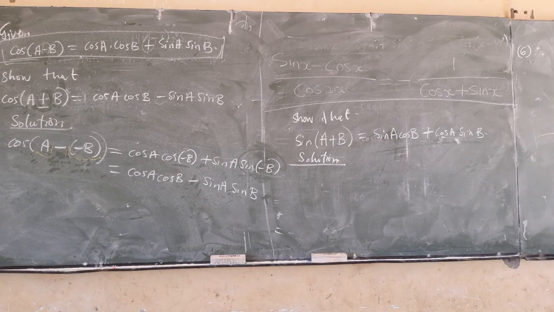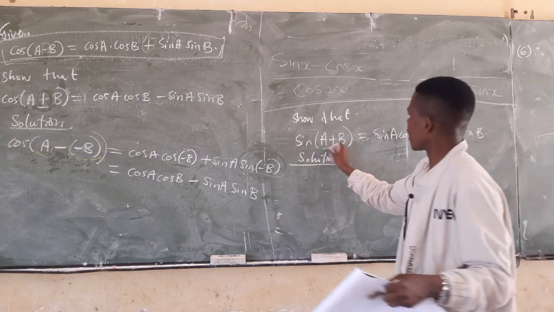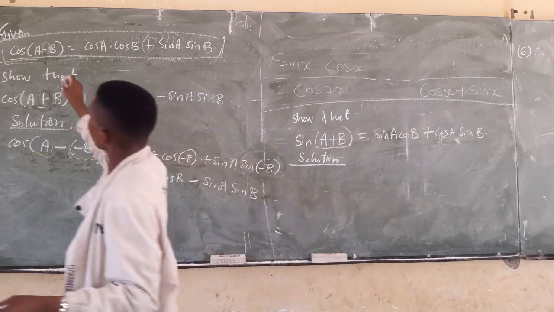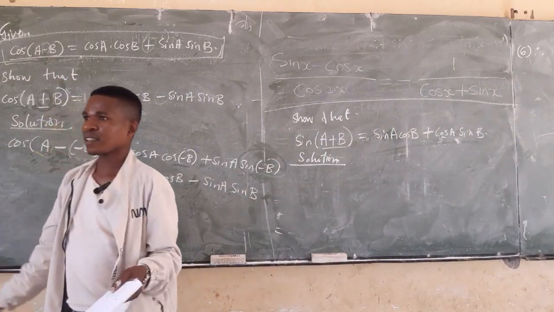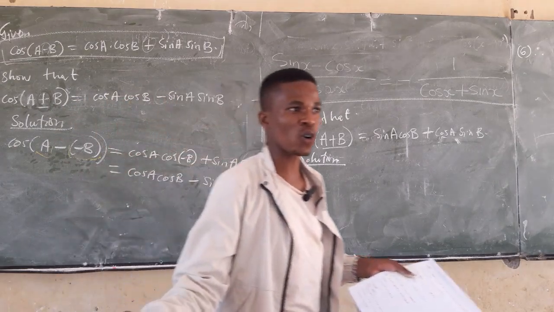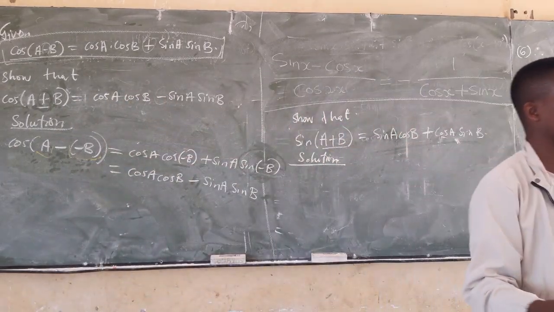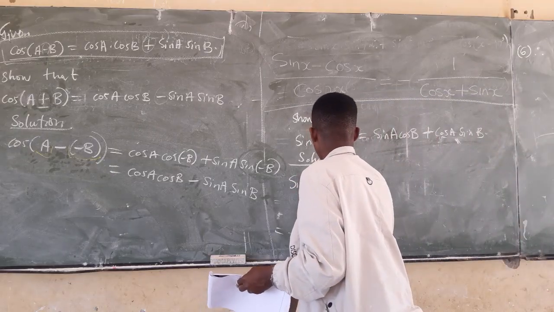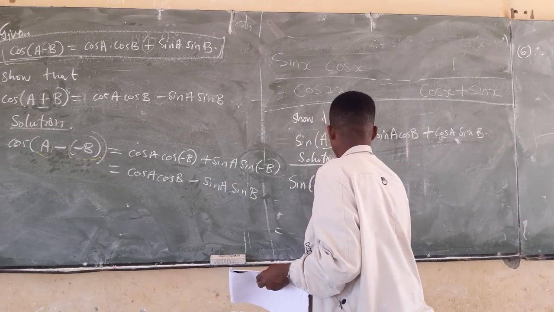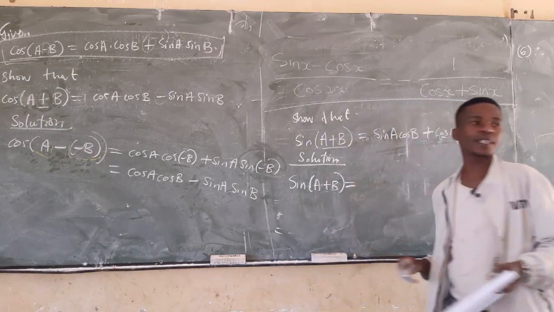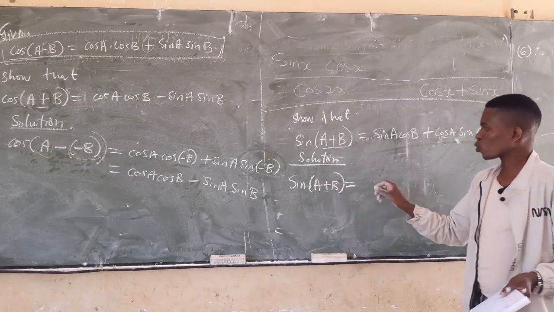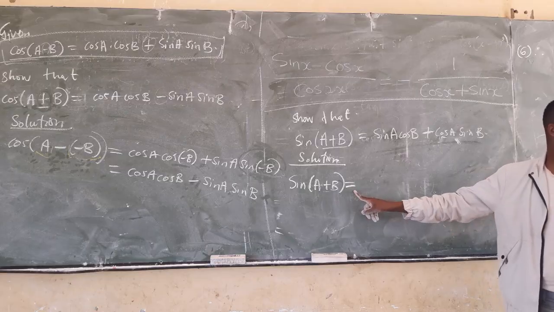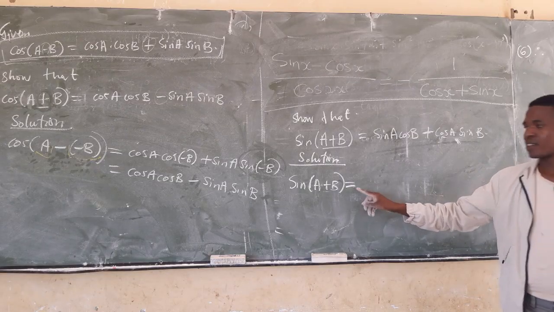That's when they can meet. So looking at this one, A plus B, A minus B, yes. So that's why you go through the co-function. Sine of A plus B equals, again, also in terms of co-function. Sine of A minus B.